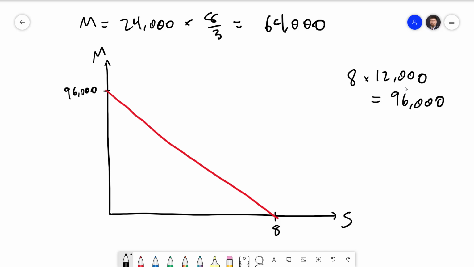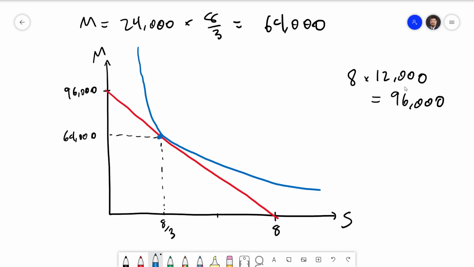We know that in the equilibrium choice, we have 8/3 as our equilibrium amount of shirking, so we can take that about here, and that's going to correspond with an income of 64,000. We can then draw in an indifference curve that is tangent at that point. Setting things up like this allows us to solve a problem in a completely different context from the consumer problem, but using the exact same techniques.